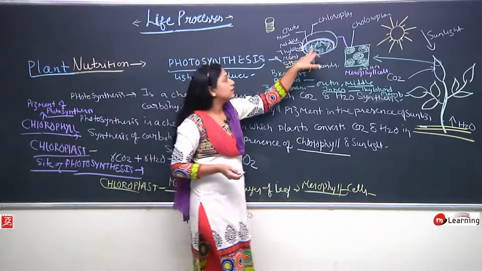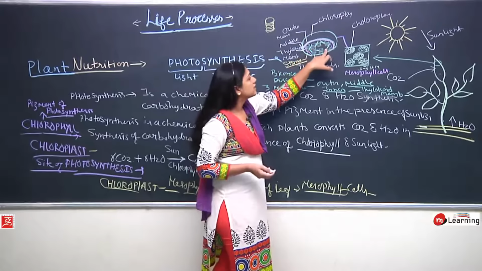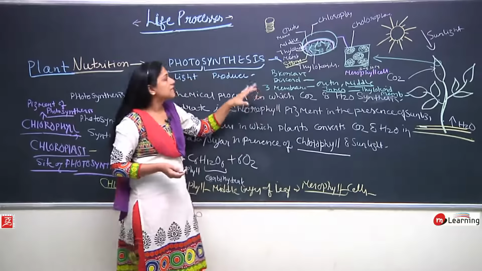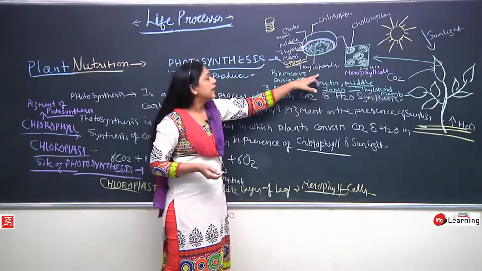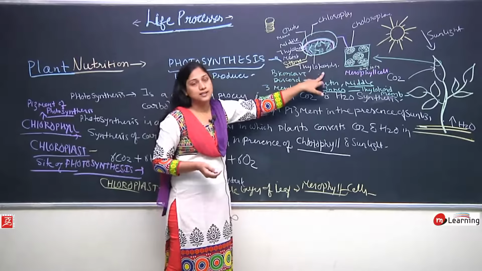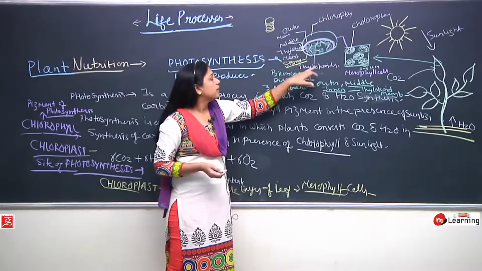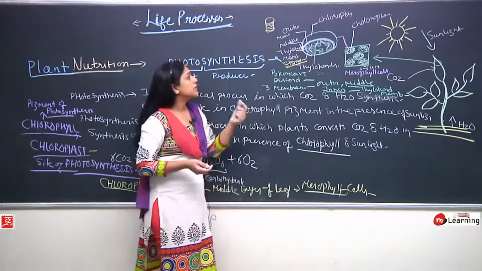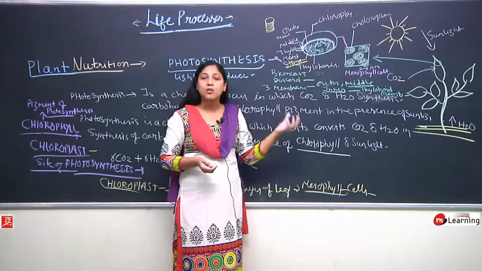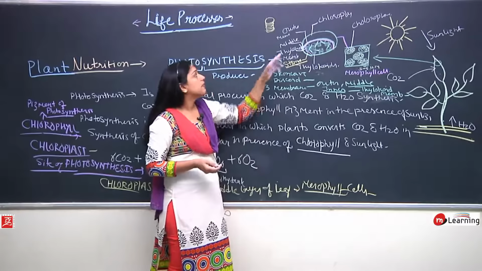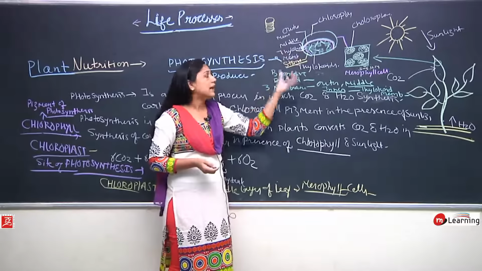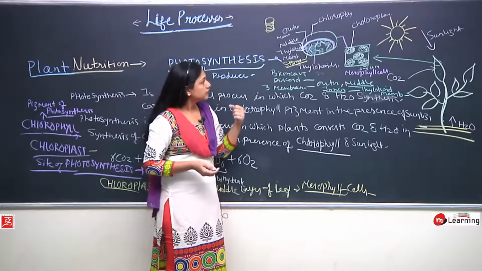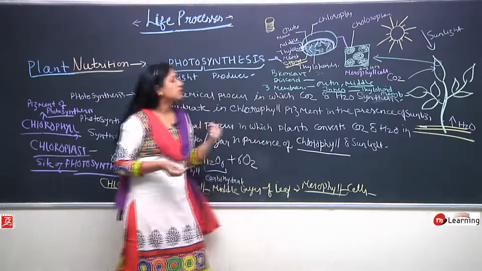Chloroplasts have thylakoids in them, and thylakoids are like stacks of coin. The outer membrane and middle membrane are called the chloroplast membrane, and the inner membrane is called the thylakoid membrane. The space between the chloroplast membrane and thylakoid membrane is called the stroma.